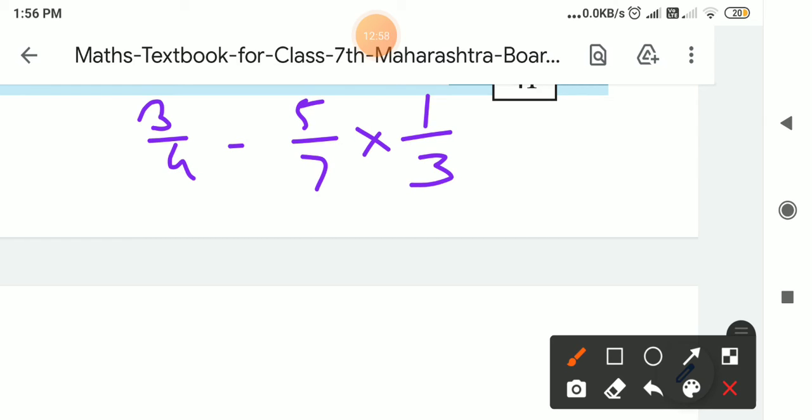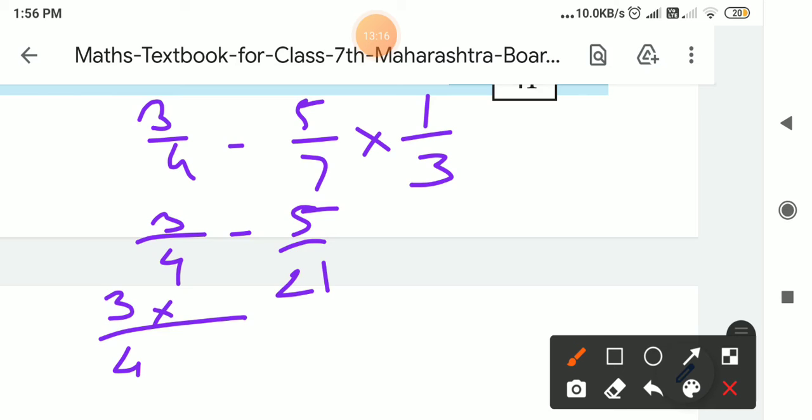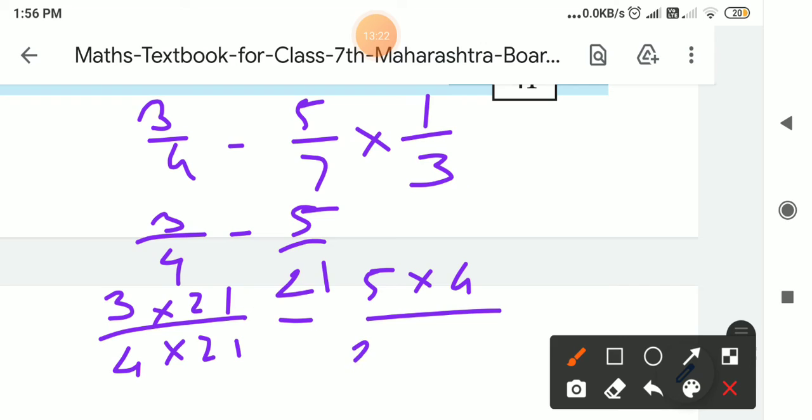Okay, so here 3 upon 4 minus 5 ones are 5, 7 threes are 21. Okay, and then 21 and 4, these are odd and even numbers. So to make the denominator the same, for 3 upon 4 we have to multiply with 21, and here also 5 into 4 divided by 21 into 4.